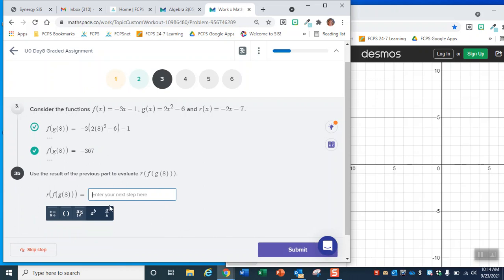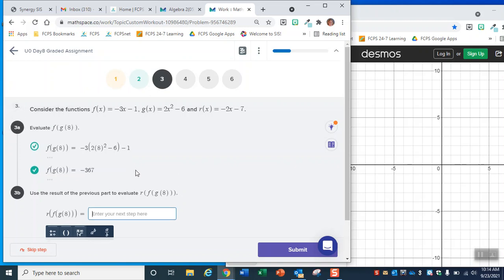All right, so now I've got R, and I'm going to put f of g of 8 into R. So I'm going to start typing out R. That would be -2, and then I get to the x, right?